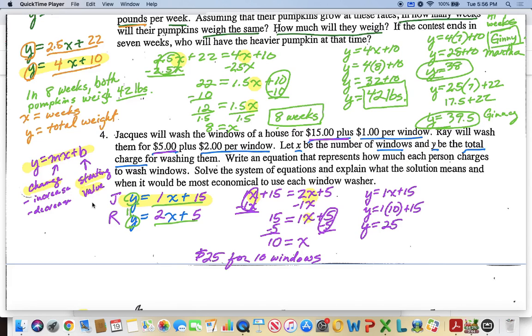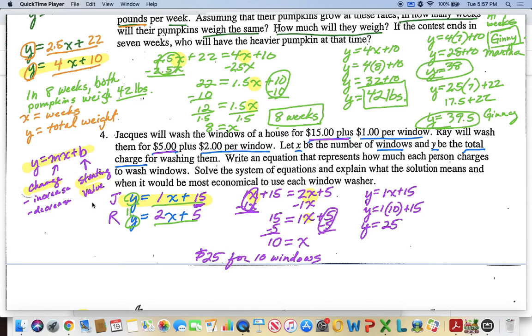Now we have to figure out when it is economical to use each window washer. Let's see what happens if we have less than 10 windows. Jacques is going to charge us $15 right off the bat, and then it doesn't cost much for each individual window, but we have to pay $15 right away.